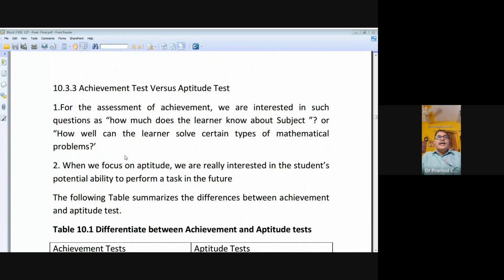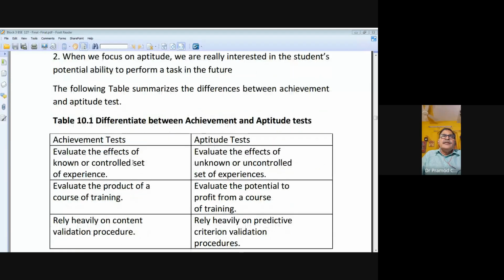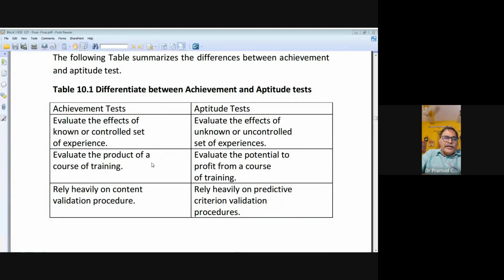Then another is the achievement test and also the aptitude test. If you can see the difference, then automatically you are able to understand all these things. In the case of the achievement test, there is a known and controlled set of experiences. Known and controlled means, suppose the teacher has taught you the particular subject, you know the subject matter, and the examination is conducted in a controlled manner in the classroom situation.